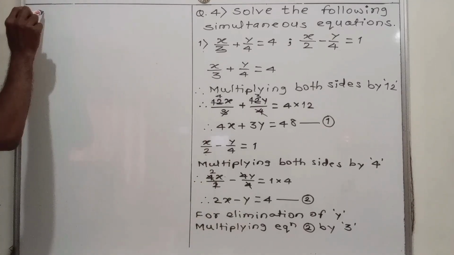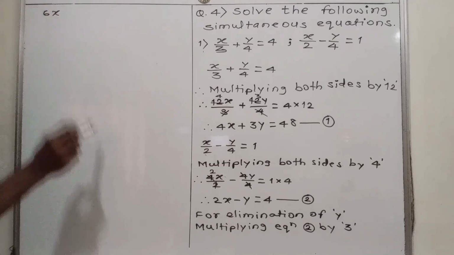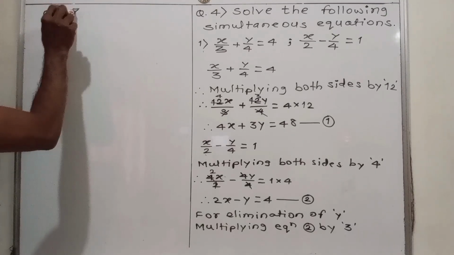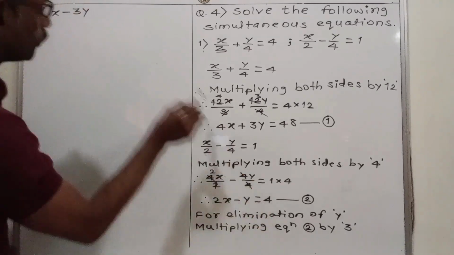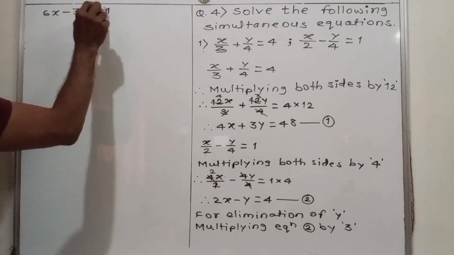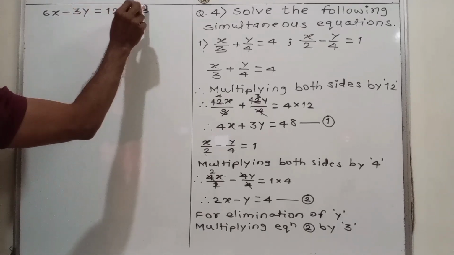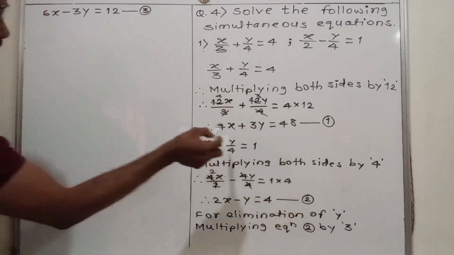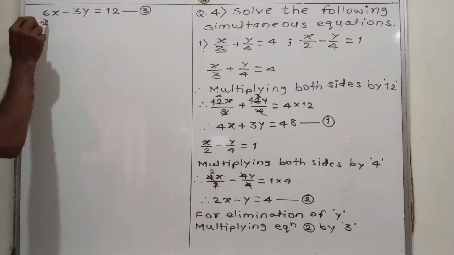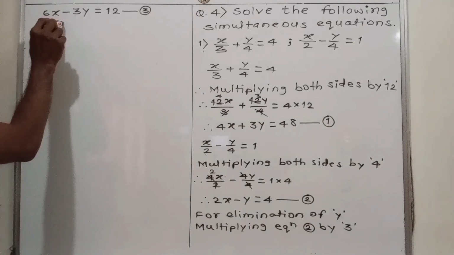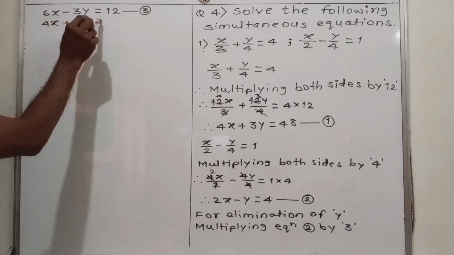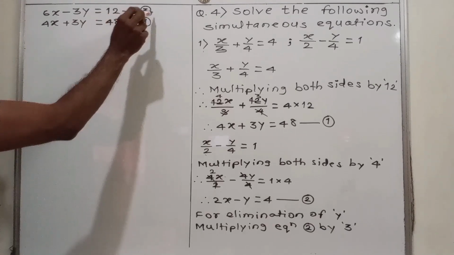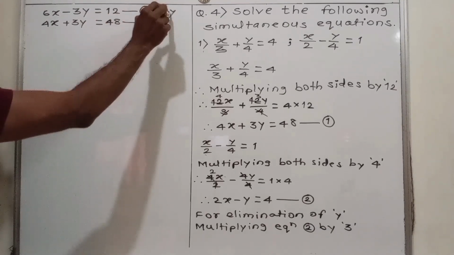Therefore, 3 into 2, 6x minus 3y is equal to 3 into 4. Equation number 3, new number. Now our equation number 1 we write exactly below here. 4x plus 3y is equal to 48. This is our equation number 1.